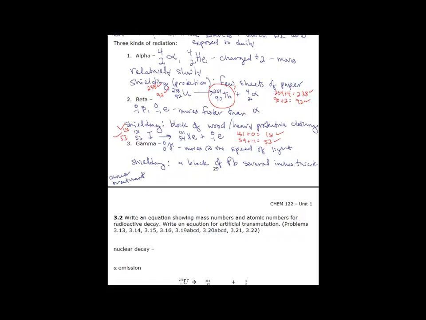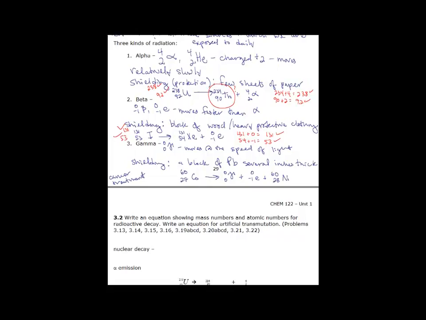So an example of gamma decay: cobalt-60, which is often used in cancer treatments, decays, it gives off a gamma particle, a beta particle, and then you have nickel-60, atomic number 28.